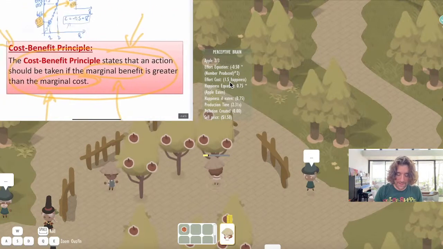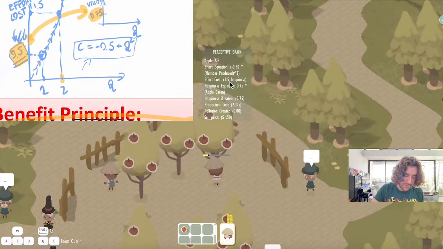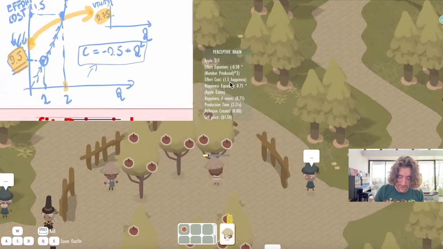Now, you are faced with a situation, as I was saying, where your effort cost increases exponentially, whereas the utility is actually constant. The first apple gives you 0.75, the second apple gives you the same amount of happiness, so it's linear. It's a straight line like this.